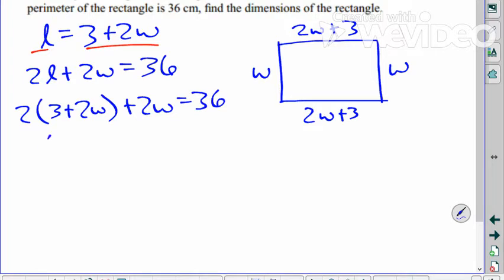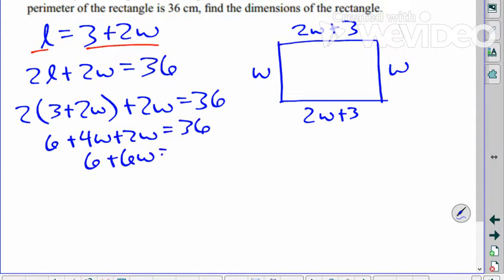So that looks like 6 plus 4W plus 2W is 36. So 6 plus 6W is 36, 6W is 30, sorry.